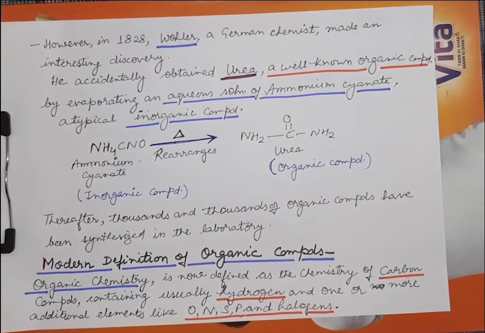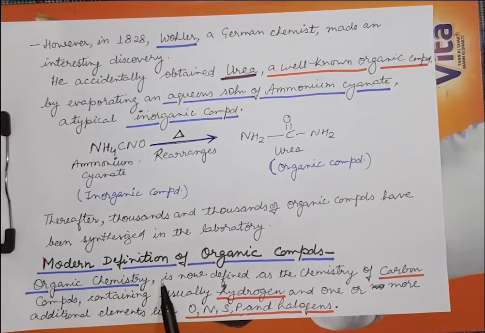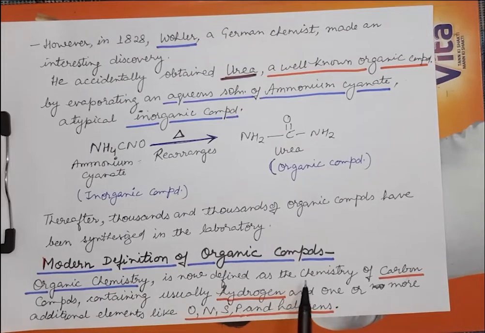Organic chemistry is now defined as the chemistry of organic compounds containing usually hydrogen and one or more additional elements like oxygen, nitrogen, sulfur, phosphorus, and halogens.